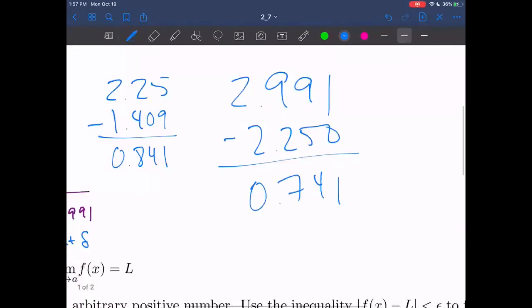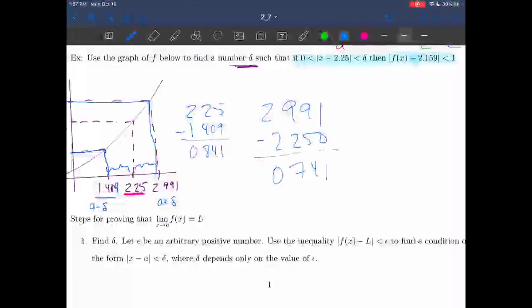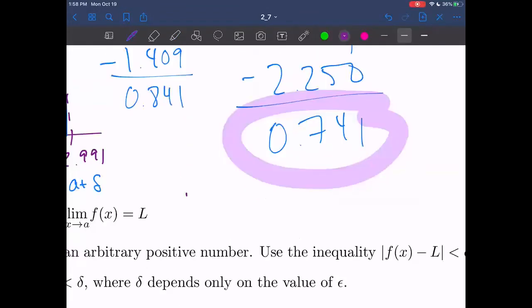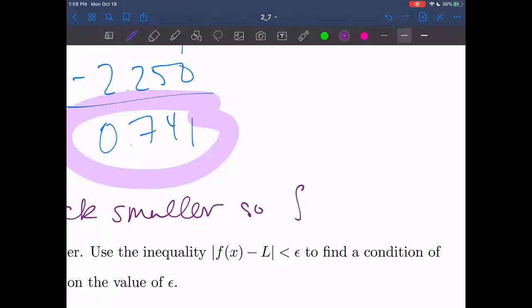Now, sometimes you'll do this and you'll get the same values. Great, that's your delta value. In this case, we had two different ones, so we picked the smaller. So our delta is equal to 0.741.